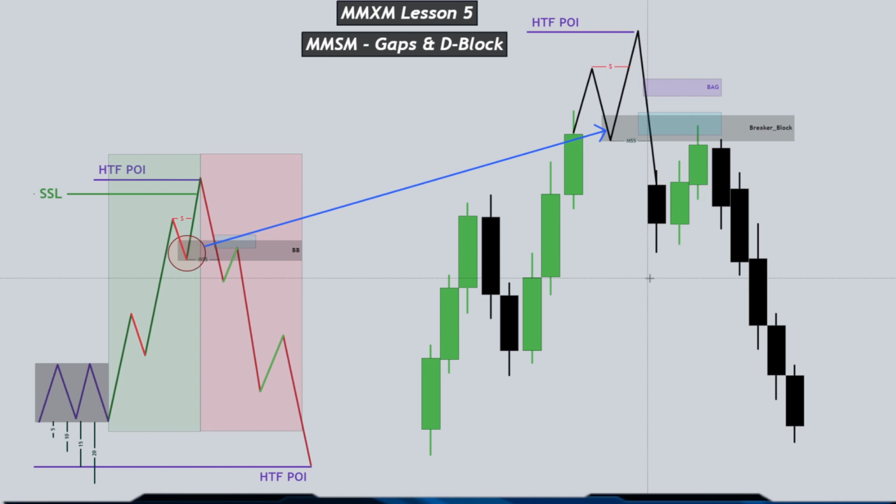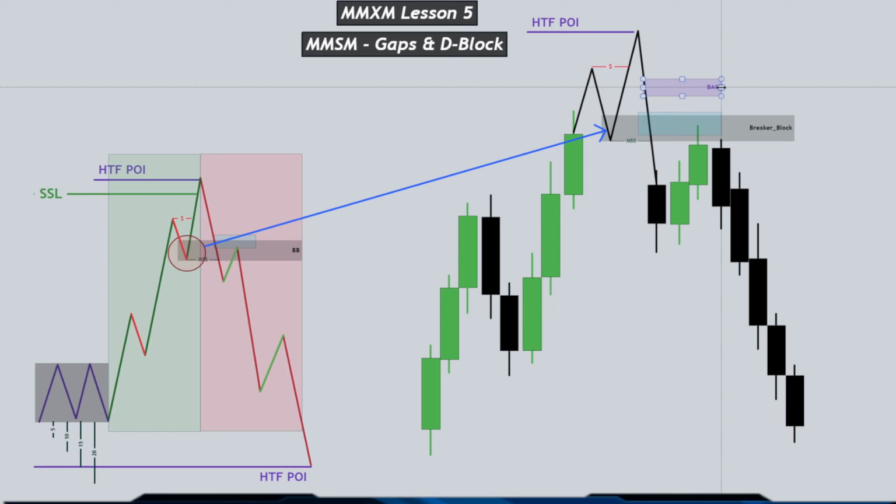Now often what market will do is, if there is a fair value gap aligning with your breaker block or inside of your breaker block range, you will often see that if there is any other fair value gap sitting above, market will either completely keep it unfilled or it will go tap the lower portion and then come lower.